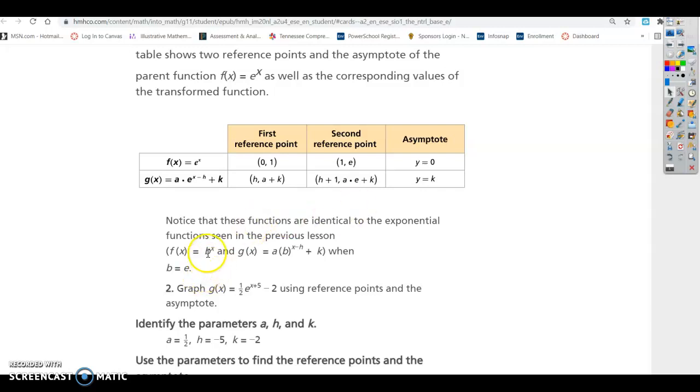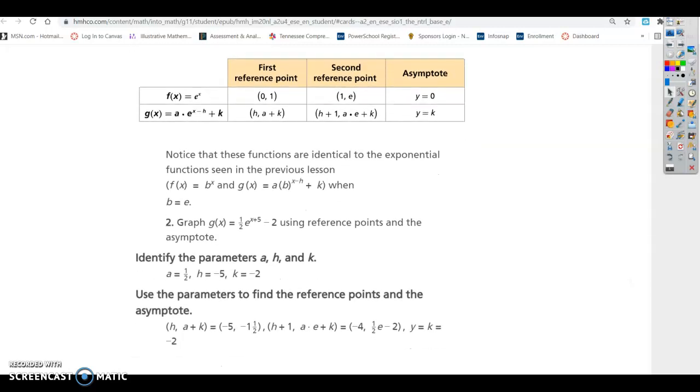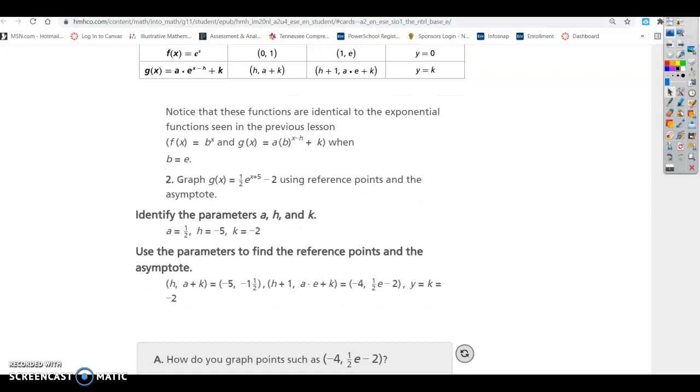So again, instead of having base b, which in the previous lesson was a number, now we're going to use e, which is a number, but it's a special number. It's the same number every time. It's that irrational number, 2.718, etc.